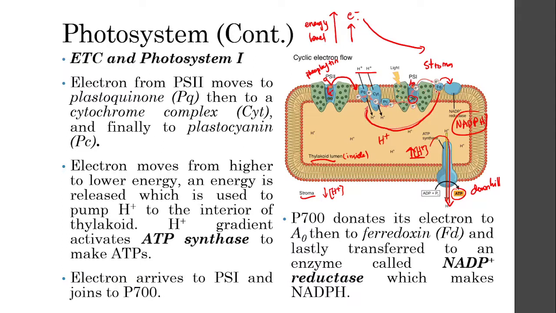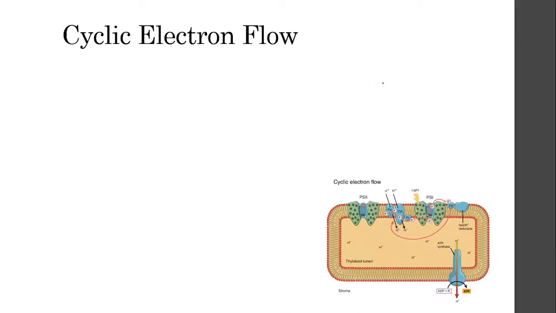So sometimes the ferredoxin, instead of donating that electron to NADP+, returns that electron to either plastoquinone or cytochrome, creating a loop. And that loop is what we call a cyclic electron flow.